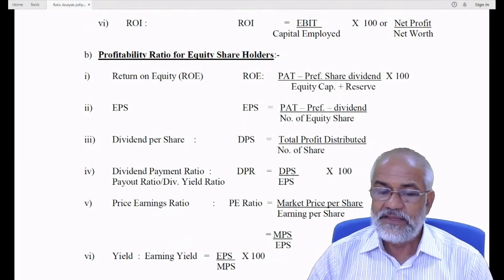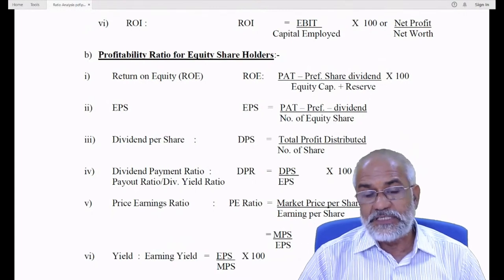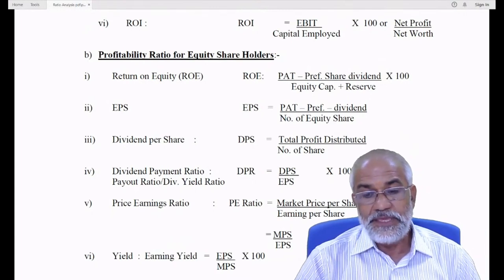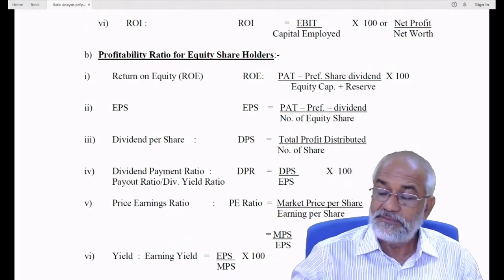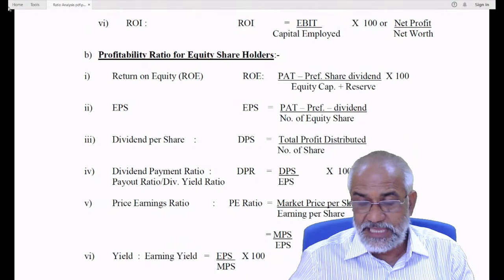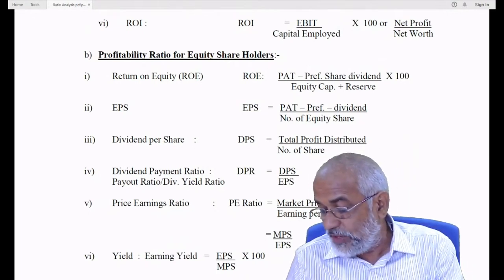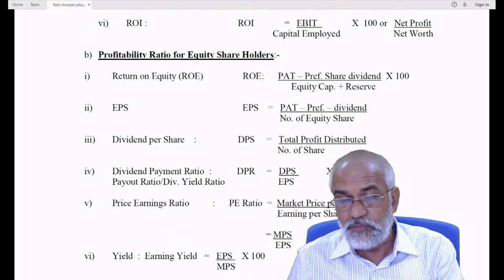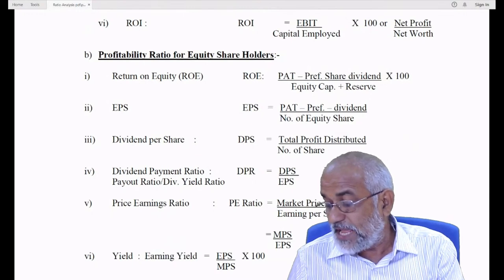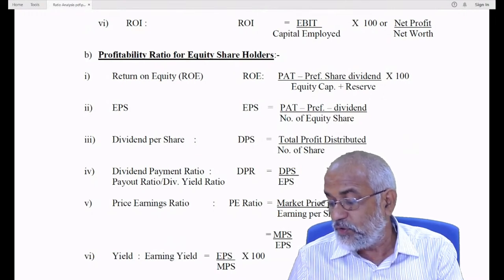Market price per share divided by the earning per share would be the P/E ratio. The market price per share at the time of the period for which it is computed has to be taken into consideration.